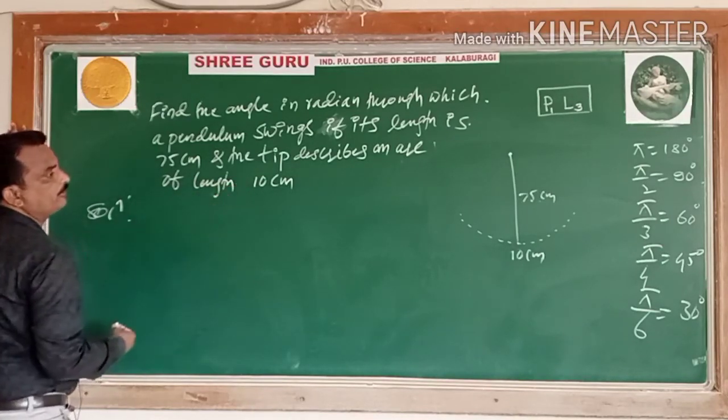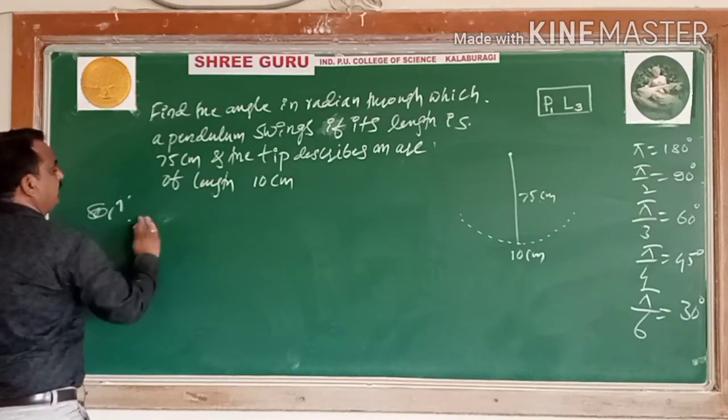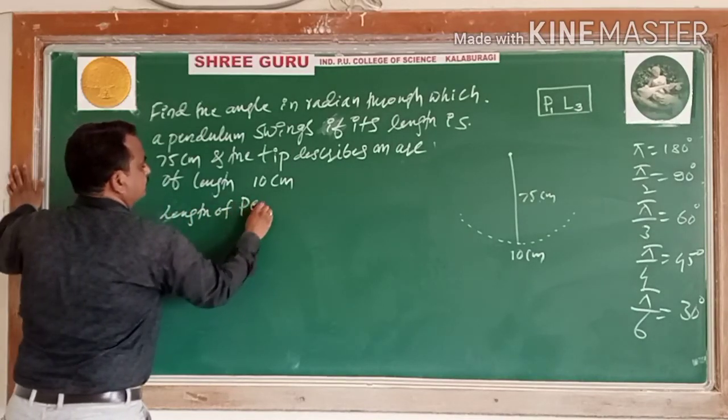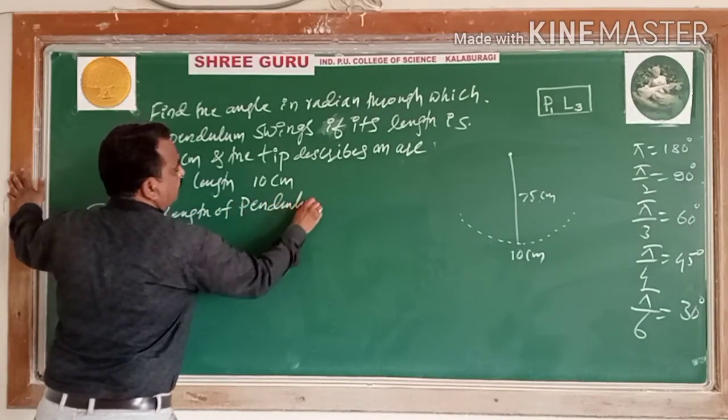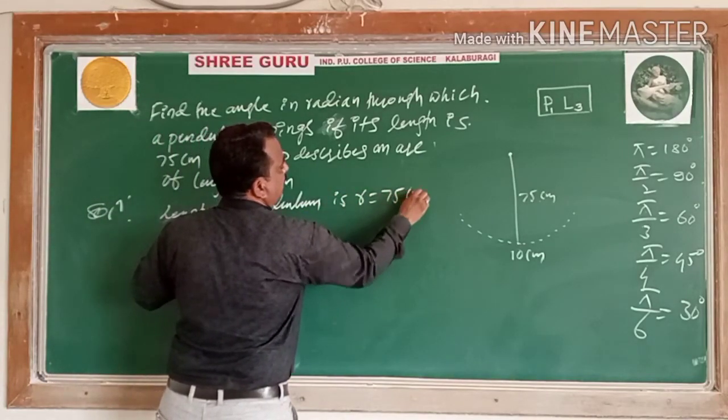Solution. What is given here? The length of the pendulum is the radius, R is equal to 75 centimeter.